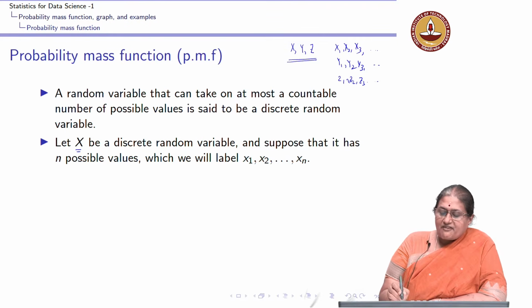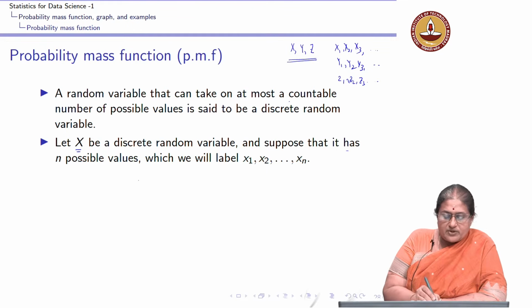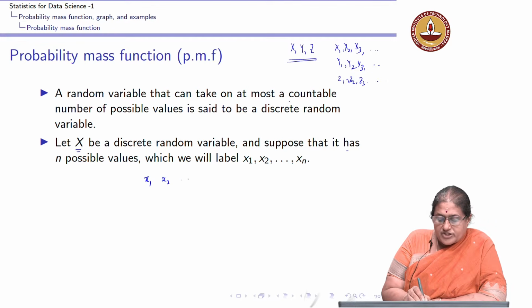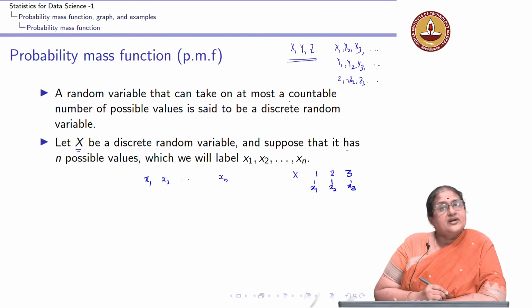Let it take a finite number of values. So what do I mean by it takes a finite number of values? It takes n possible values. Let me represent that by x1, x2, xn. For example, if X takes the values 1, 2, 3, my x1 would have been 1, x2 would have been 2, x3 would have been 3.